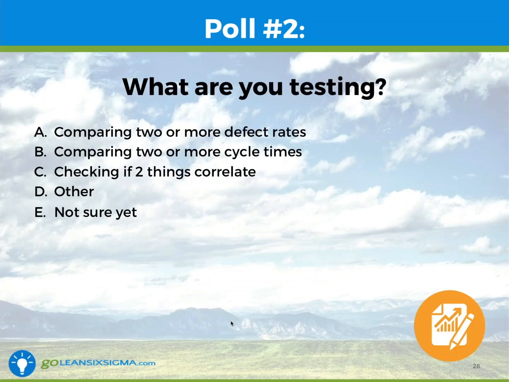Are you checking if 2 things correlate, as X increases, Y increases? Or are you doing something else? Because there are other things to test. Or you're not sure yet. So let me launch the poll, and that is, what are you testing? Here you go.